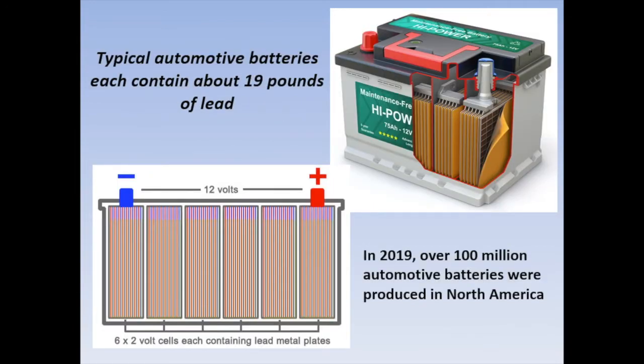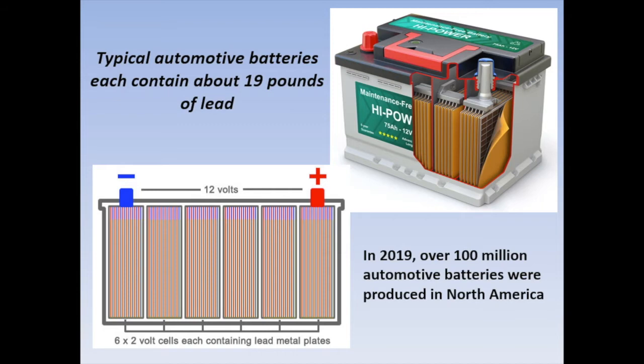If you look at a typical battery, as shown in the diagram in the upper right, the internal portion of this battery is occupied by a lot of thin lead plates, which are used to help generate the electrical charge that the battery holds. Each typical automotive battery has about 19 pounds of lead in it, which is why batteries themselves are rather heavy.